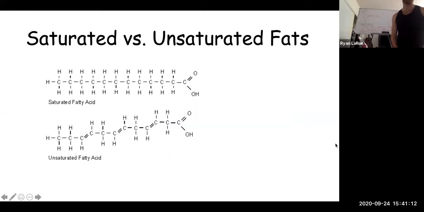Okay. Another important concept, saturated versus unsaturated fats.